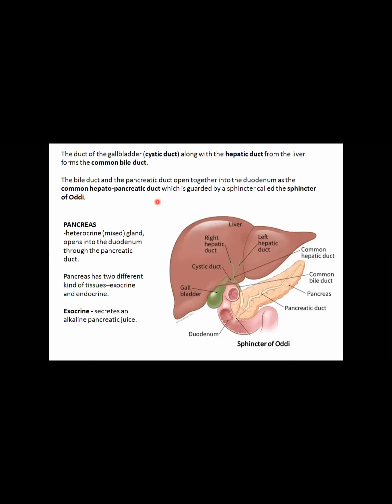With the help of all these secretions, the food gets digested completely in the small intestine. That is why the small intestine is also known as the site of complete digestion, the site within the alimentary canal where the complete digestion process takes place. So three types of juices: intestinal juice, pancreatic juice, and bile juice.